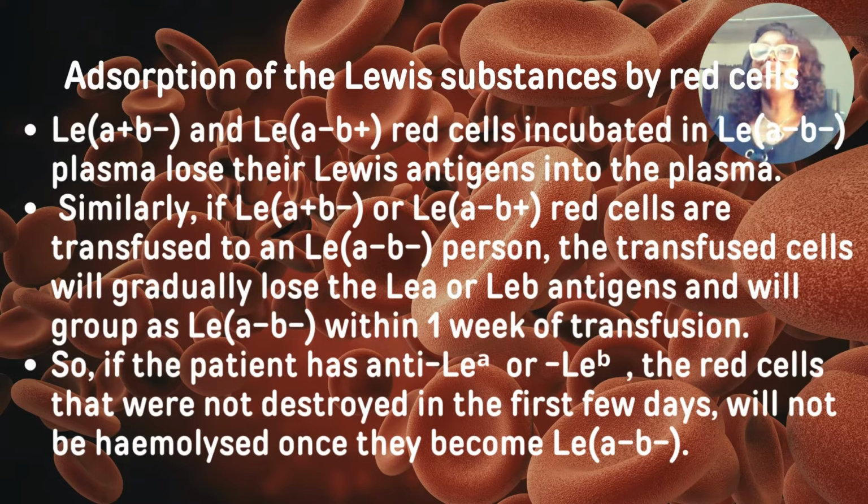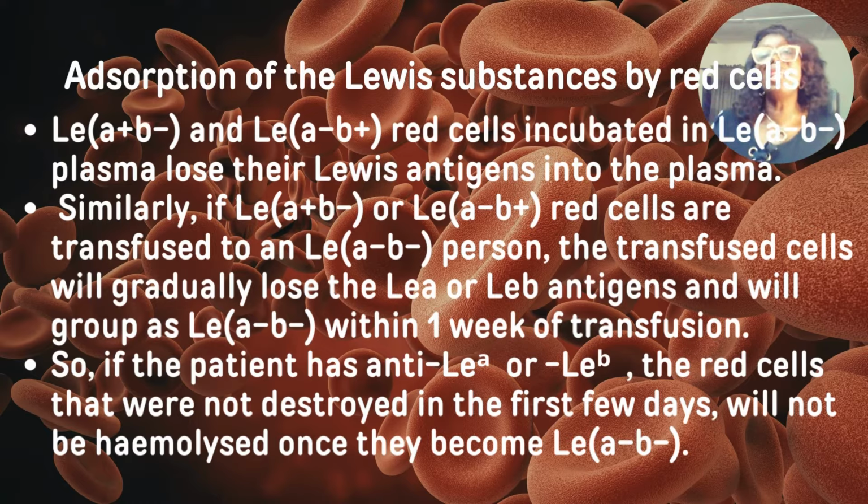The same thing here, if these cells that are positive for either Lewis A or Lewis B are transfused into an individual who is Lewis A minus and Lewis B minus, the transfused cells will gradually lose the Lewis A antigen or Lewis B antigen and will eventually be grouped within 1 week as Lewis A minus and Lewis B minus.